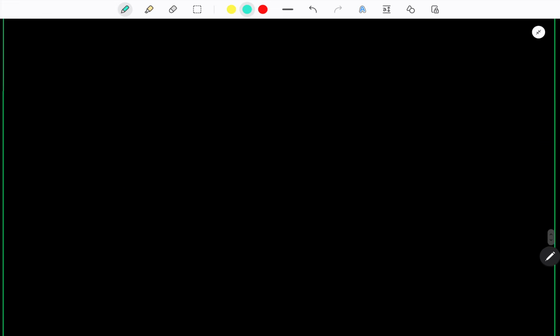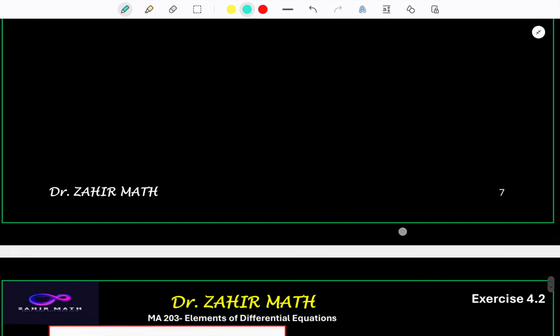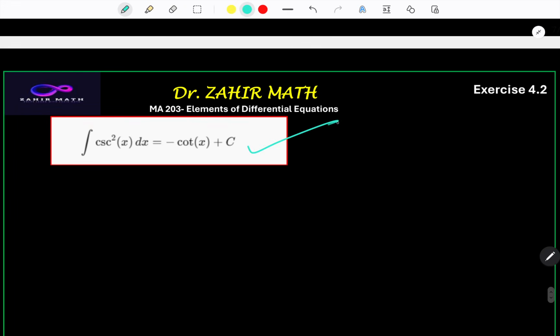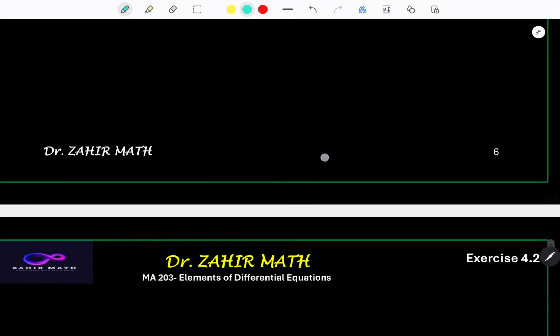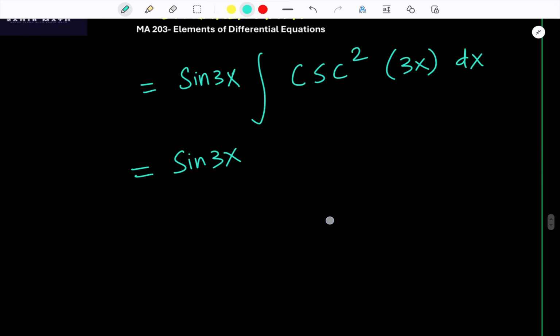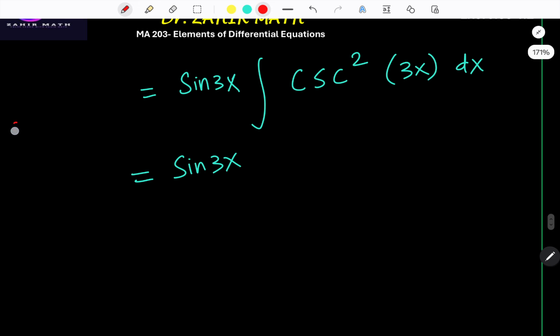I gave you the formula on the last page: the integral of cosecant square x is negative cot x. That's why I didn't give it at the beginning of the page. Maybe you will think the formula will be given in the question. No. The integral of cosecant square x is negative cot x.